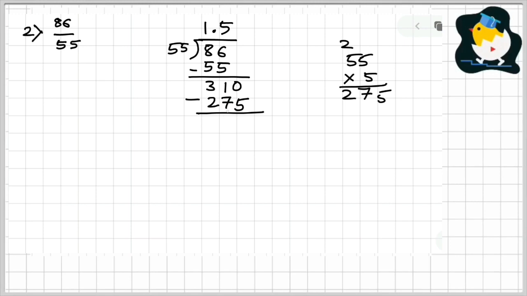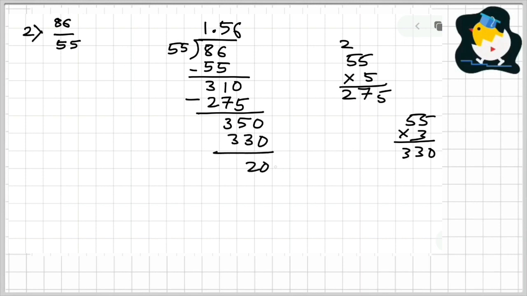Now the subtraction: 310 minus 275 gives 35 here, so we'll have to take 0 once again. Just earlier we saw that 55 sixes are 330, so we will have 20 remaining.